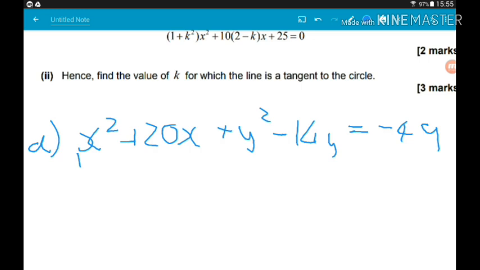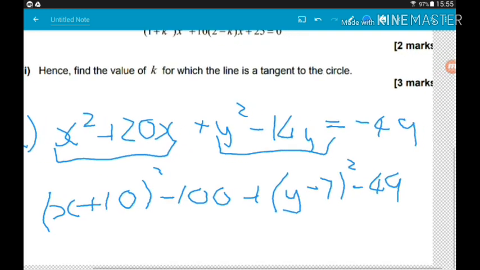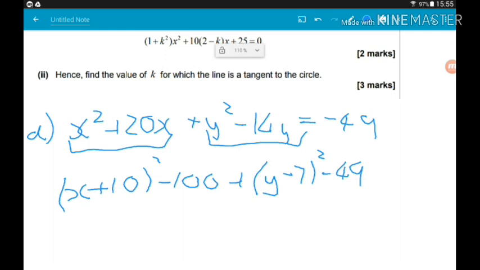So x squared plus 20x is going to give us (x plus 10) squared minus 100, and then y squared minus 14y is going to give us plus (y minus 7) squared minus 49, and then that is all equal to minus 49.